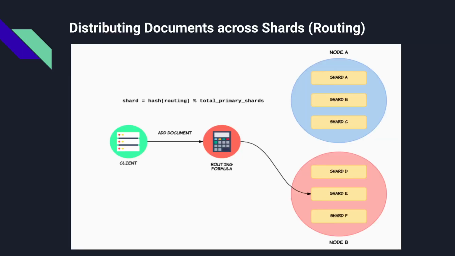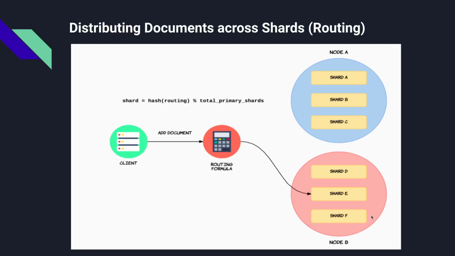Now, how do we know which document is stored in which shard? We basically learned that data is stored on potentially more than one node in a cluster, and this is possible with sharding. Now, how do we identify in which shard a document is stored? There needs to be some way of determining this, and this can be determined by using a concept called routing.